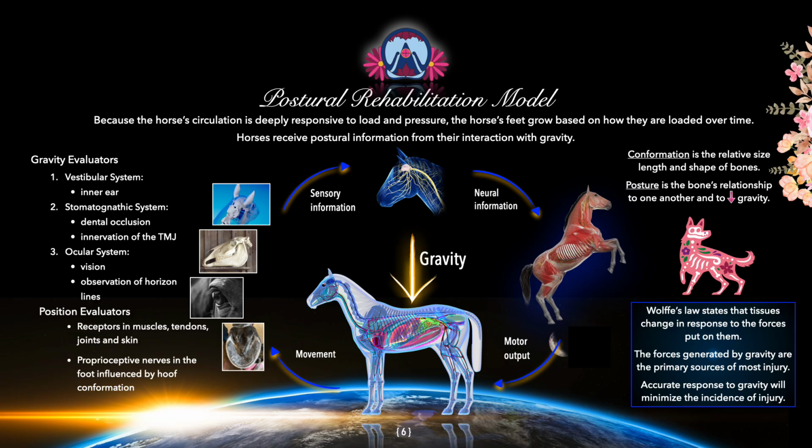Okay, so this all happens in the flash of a millisecond. Our nerves fire that fast, and the information we receive is processed that fast, and the horse is the same way.